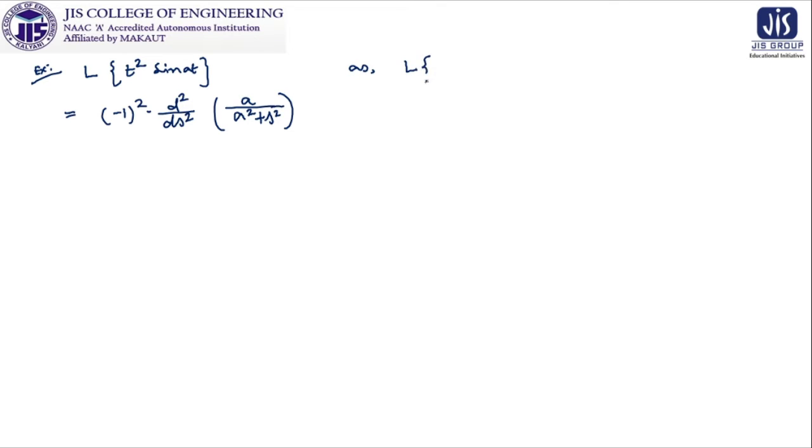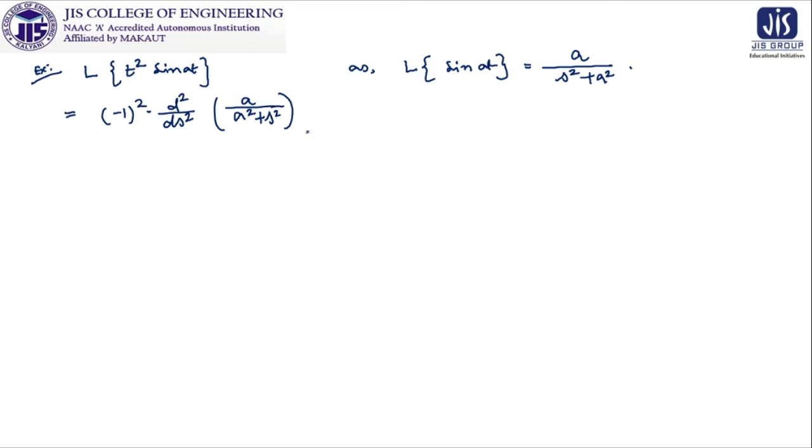Next, if we want to find the Laplace transform of t squared sin at, then we can think of it as minus 1 whole squared d^2/ds^2 of a by s squared plus a squared, as the Laplace transform of sin at is a by s squared plus a squared, and as we are multiplying it by t squared, we need double order differentiation.